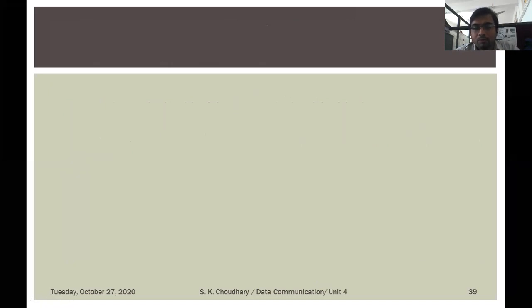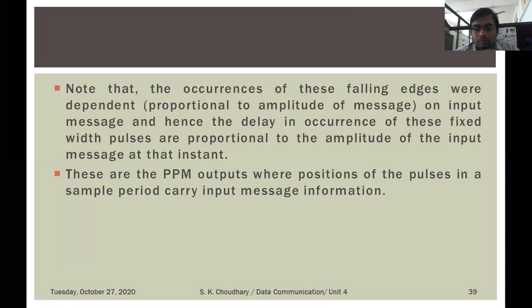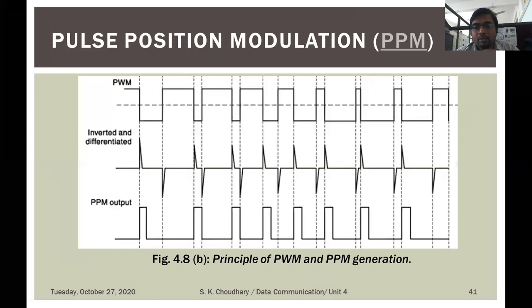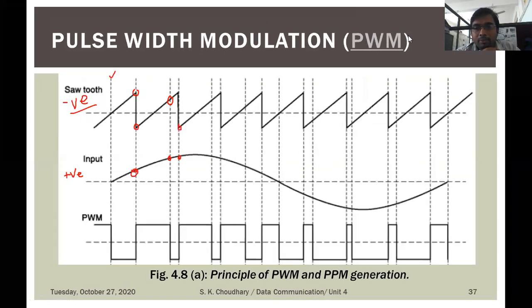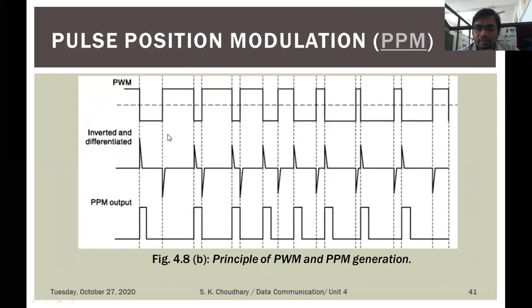You can see here with the help of this particular point. If you remember the previous output, this is the PWM. This output is given to the inverter and then differentiated, as mentioned here.